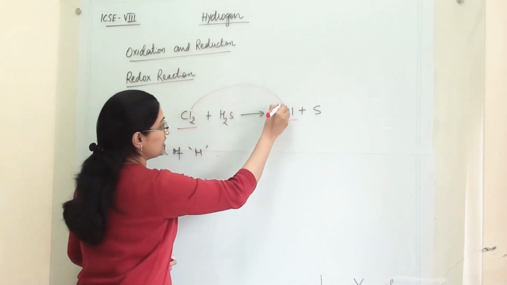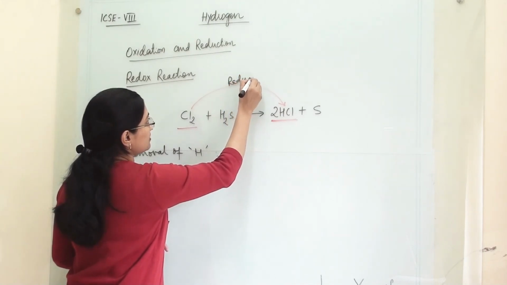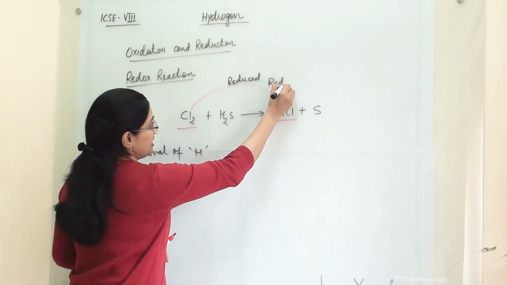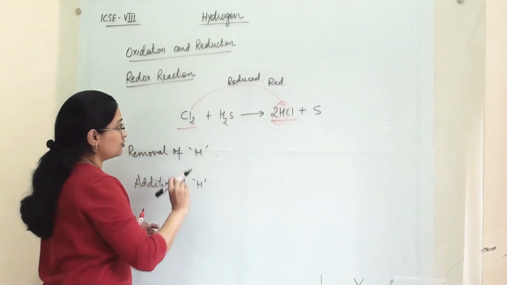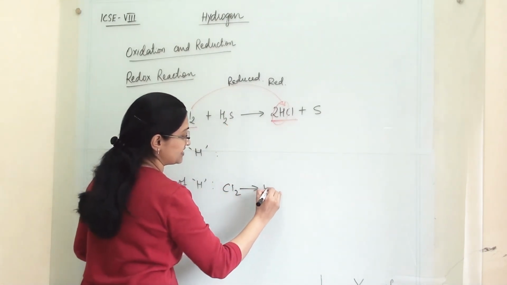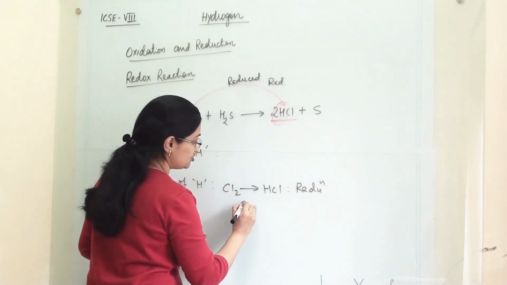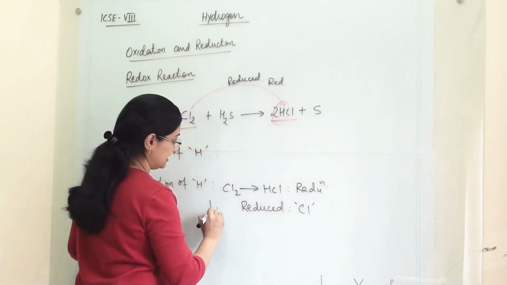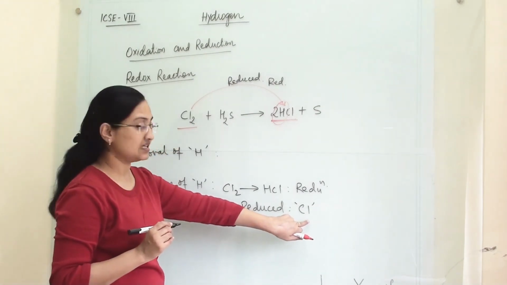So this chlorine is being reduced in this reaction. So this is a reduction reaction because hydrogen is added to chlorine. So Cl2 has become HCl. So this is a reduction reaction, and which atom is being reduced? Then it is Cl.